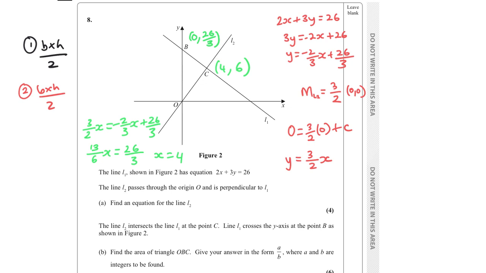So then, this length is 26 over 3. And this length is 4. So 26 over 3 times 4, all divided by 2, is going to give me the area of the triangle, which is 52 over 3 units squared.